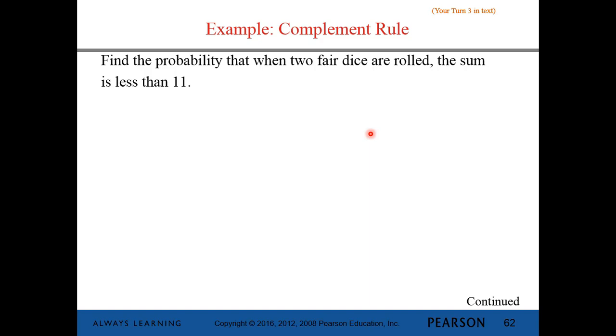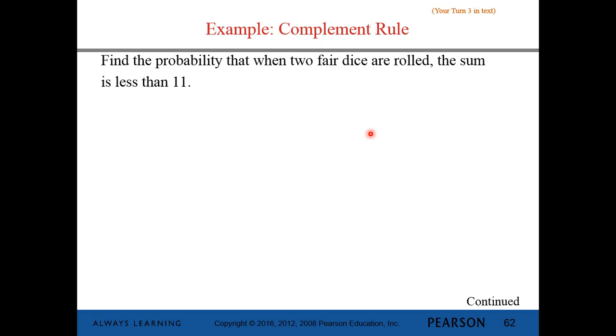Well, there's 3, right? Because to get an 11, I can get a 5 and a 6 or a 6 and a 5. And to get 12, there's only one way, that's a 6 and a 6. So there's 3 out of 36 possible outcomes. So I know the probability of getting 11 or more is 3 out of 36.